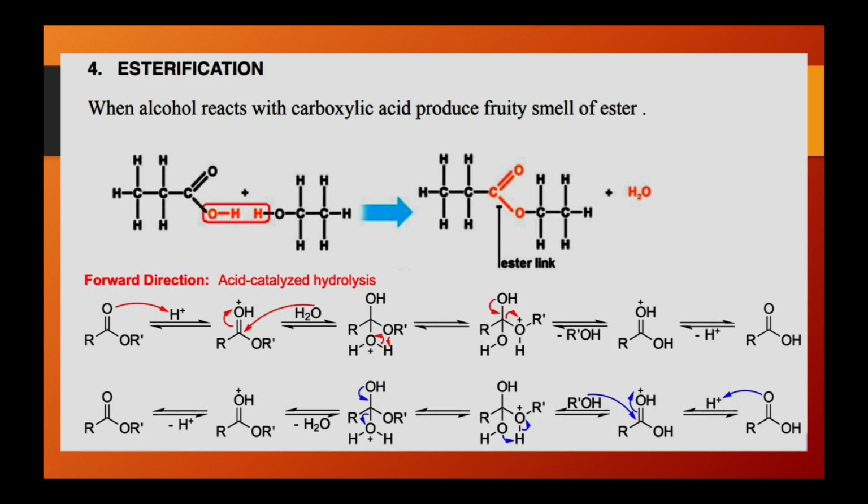Then a very important test is the esterification test. Here alcohols react with carboxylic acids and form an ester with a fruity smell. Listen: first acidification takes place, H+ is added to the oxygen in the carboxylic acid, then the alcohol reacts with this carboxylic acid.